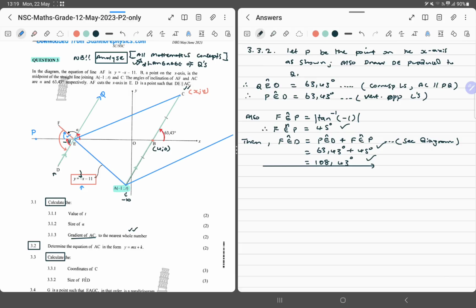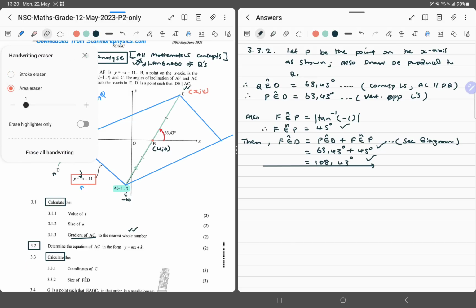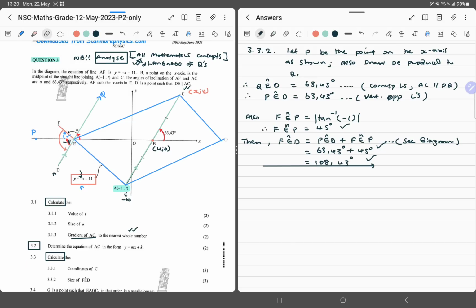So it's something like that. We've got an idea. The most important thing is just to get a clue. It's not a big deal.